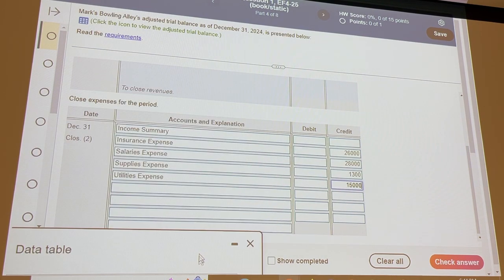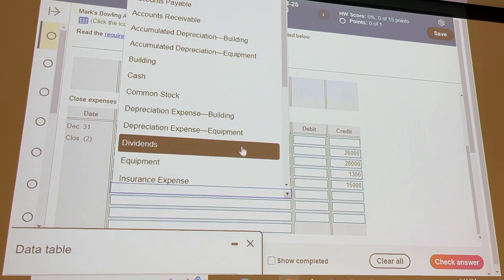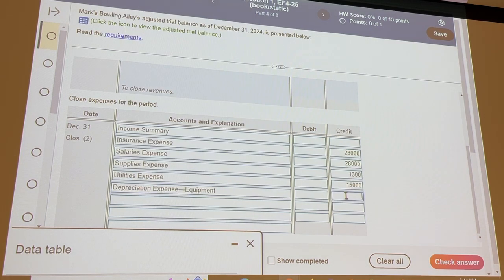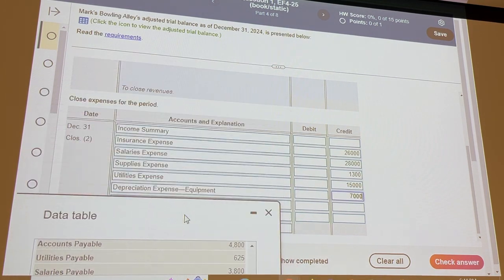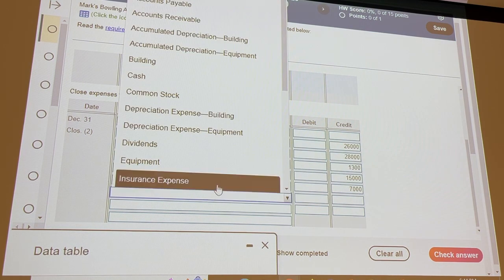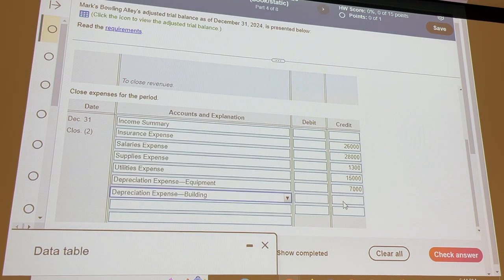Depreciation expense equipment, $7,000. Depreciation expense building, $325.